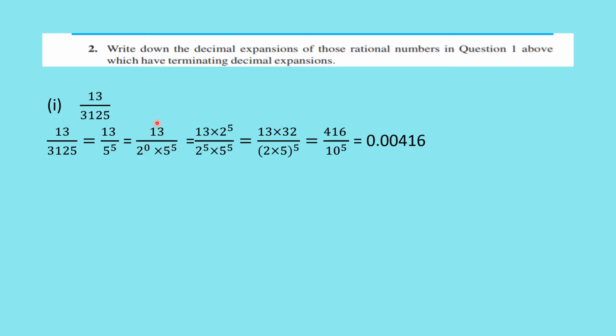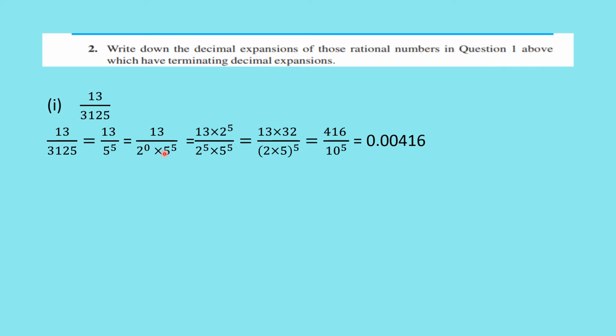So it becomes 13 upon 2 raised to 0 multiplied by 5 raised to 5. Now you have to convert the p by q form into decimal form. For converting into decimal form, it is easy to make the denominator a multiple of 10.